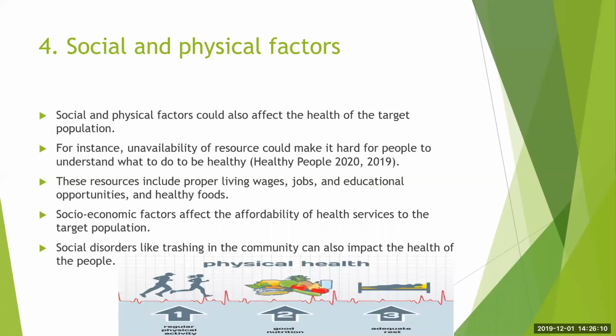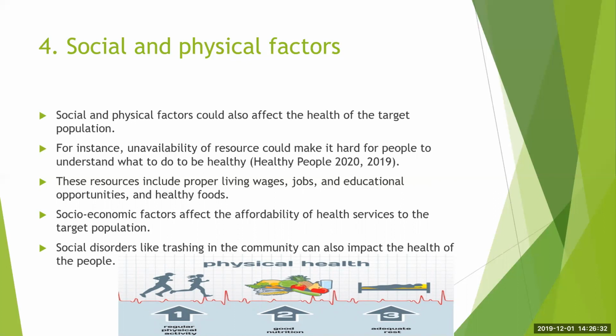Social and physical factors. Social and physical factors could also affect the health of a target population. For instance, unavailability of resources could make it hard for people to understand what to do to be healthy.